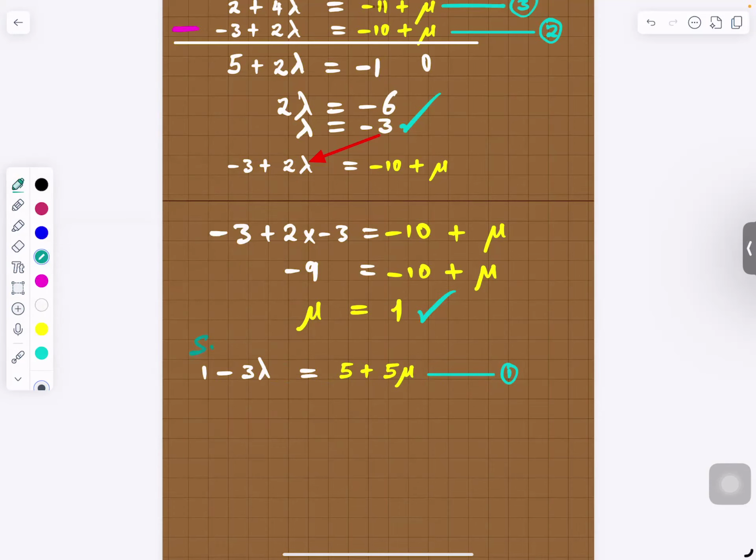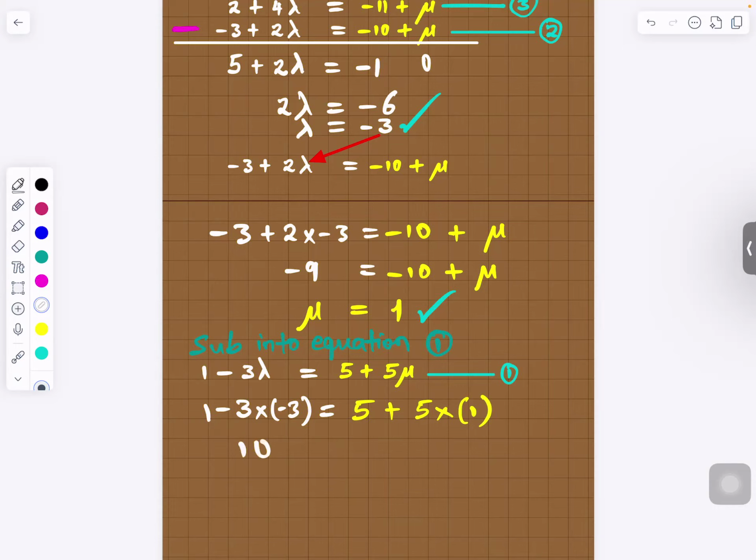Let's say sub into equation 1. So it'll be 1 minus 3 times lambda, which is minus 3, equals 5 plus 5 times mu, which is 1. So the left side would be minus 3 times minus 3, which is plus 9. 1 plus 9 is 10.